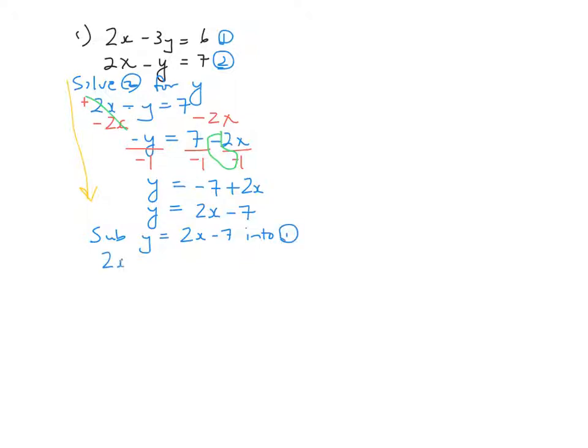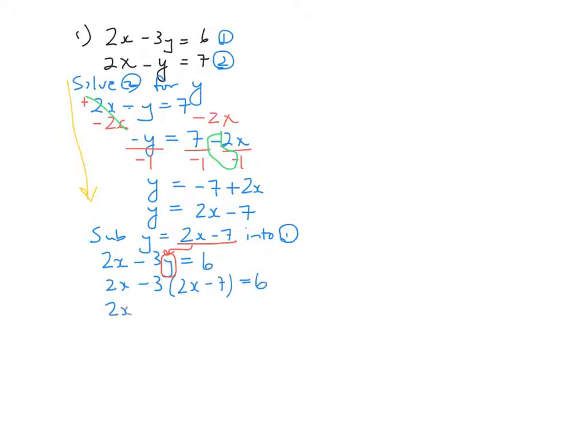Equation number 1 is 2x's minus 3y's, or 3 times y, equals 6. Where we see the y, we're going to replace the y with the expression that we have here. 2x's minus 7 is going to go where the y is. So in brackets here, we're putting the 2x minus 7, and that's equal to 6.